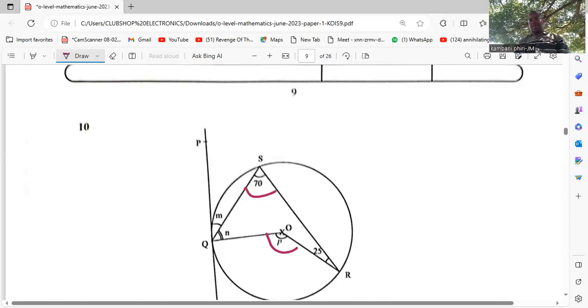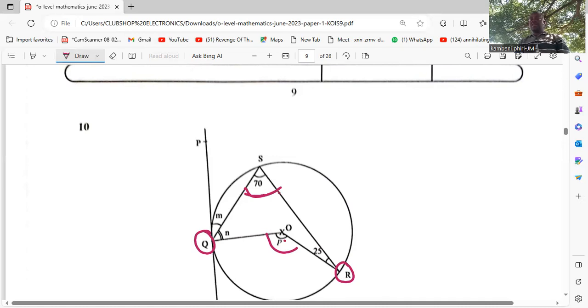realize that angle P and angle 20 are both facing downwards, and they are standing on this arc QR, meaning that there is a property which says the angle at the center is twice the angle at the circumference.